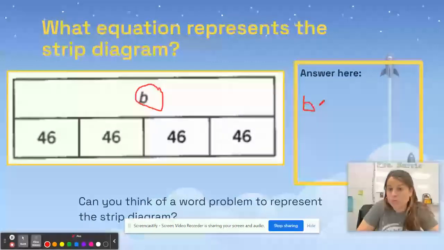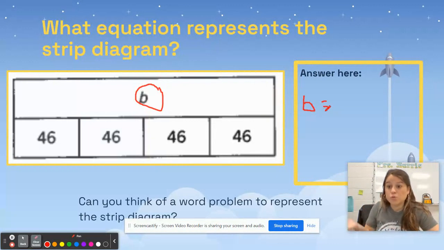The letter B is what we're equaling to. This information down here is going to tell me how to get B, how to get my total, okay? So B equals what? What can we tell from this strip diagram? So you can pause and think for a second if you want to think it through, talk it through. You can pause the video. What is this telling me about the strip diagram? What is this diagram telling me?